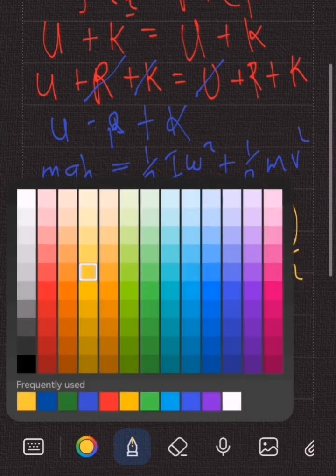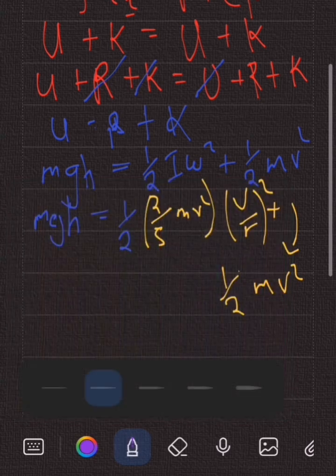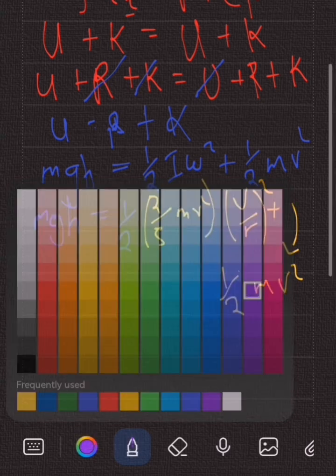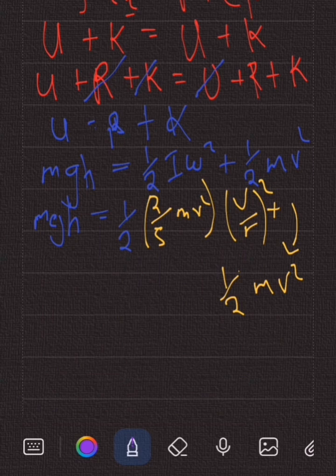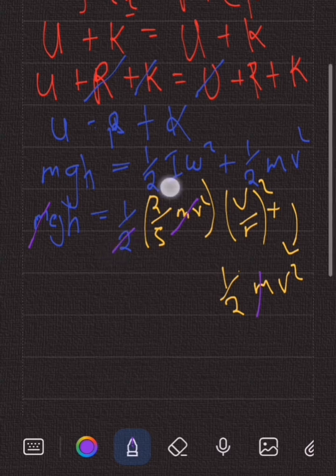So what you're going to notice is that you're going to have some things that are similar. For example, m is common in each of them, so m there, m there, m there, it goes. The 2 here and 2 here go. What else is common?